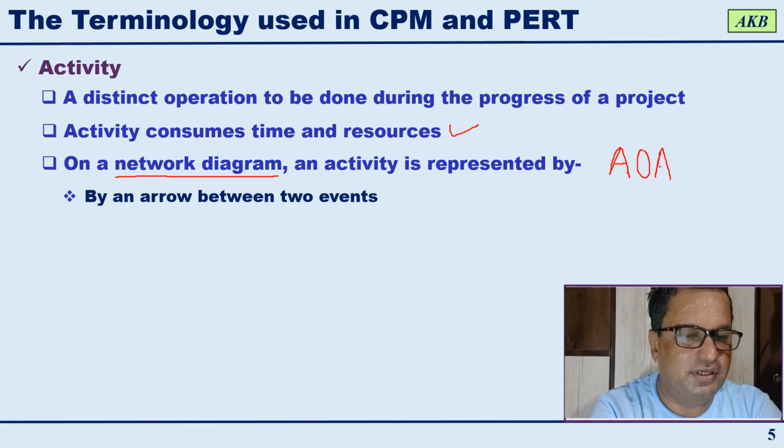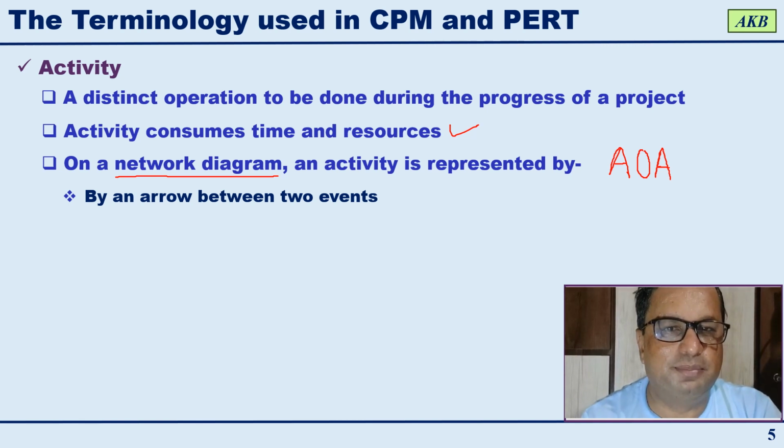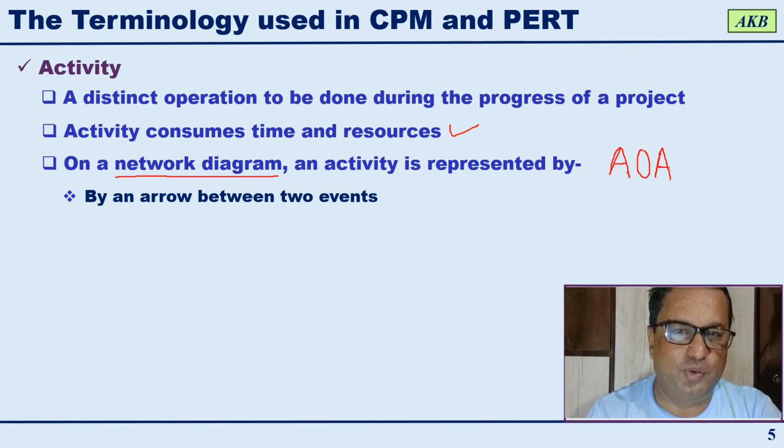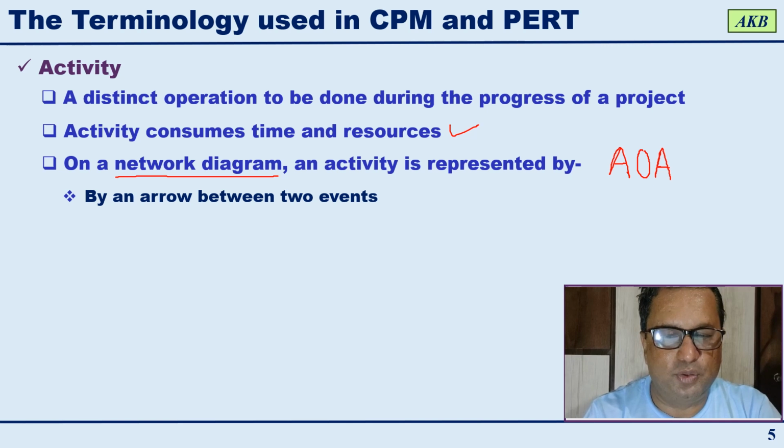On an activity on arrow diagram, an activity will be represented by an arrow. I have explained this in my video on AOA and AON diagram. You can just watch it and understand the concept. So on an AOA diagram, an activity is represented by an arrow between two events.